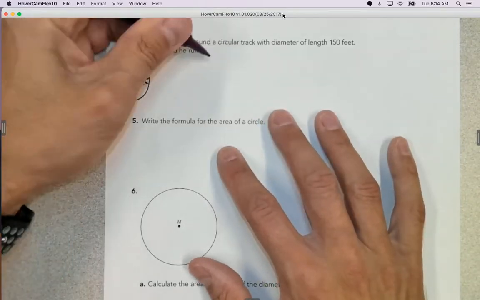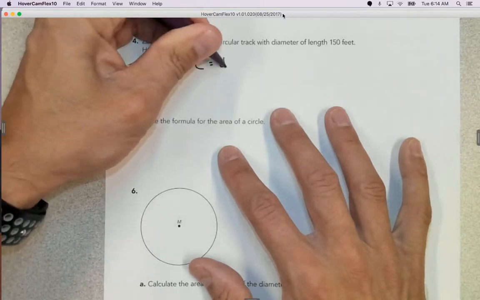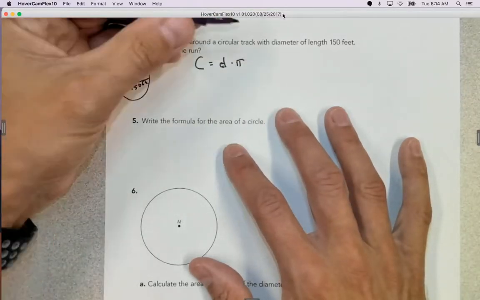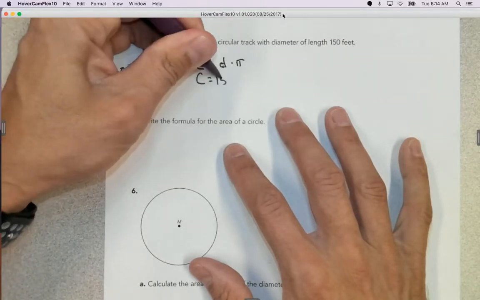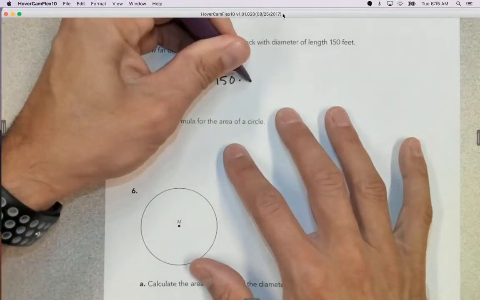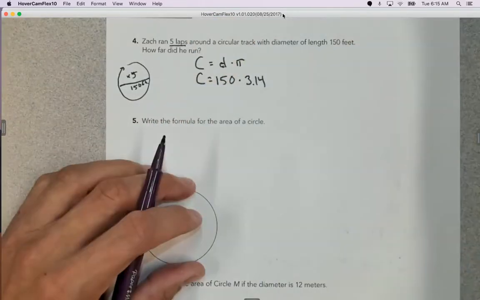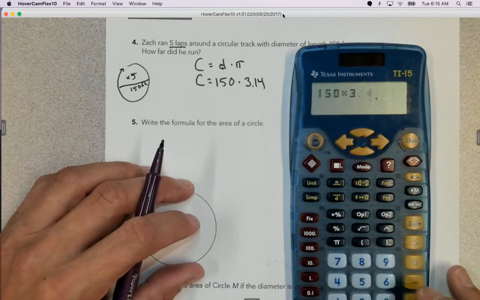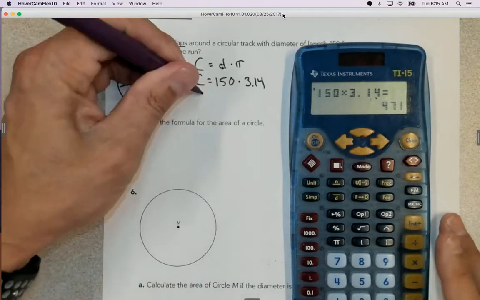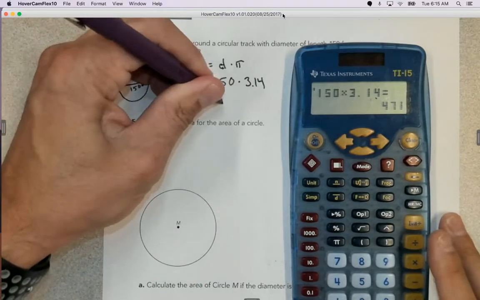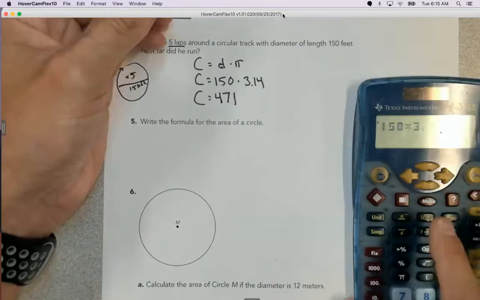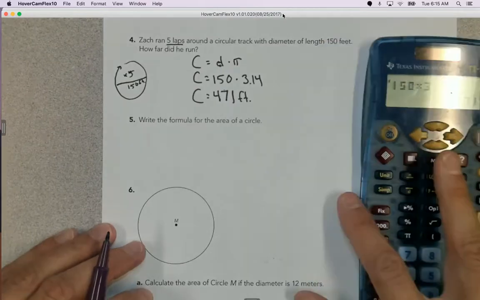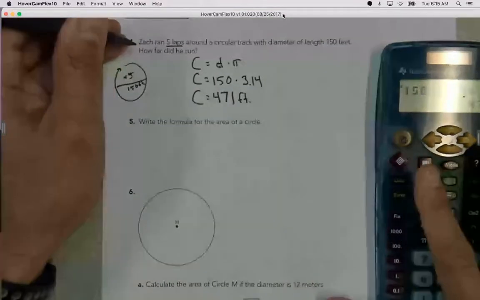So circumference is equivalent to the diameter times pi, or the circumference is equal to 150 times 3.14. And so my circumference is 471 feet. Okay, but that's once around. And according to this, Zach was a go-getter and he did 5 laps around.